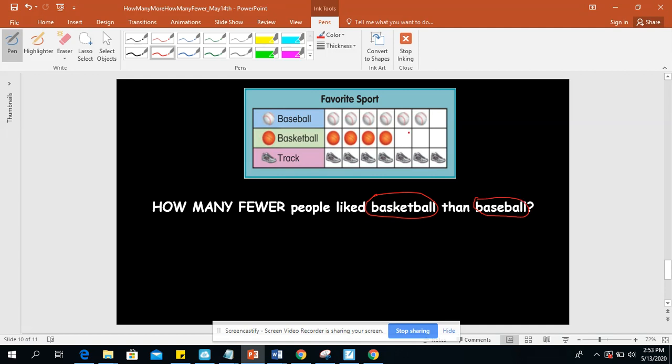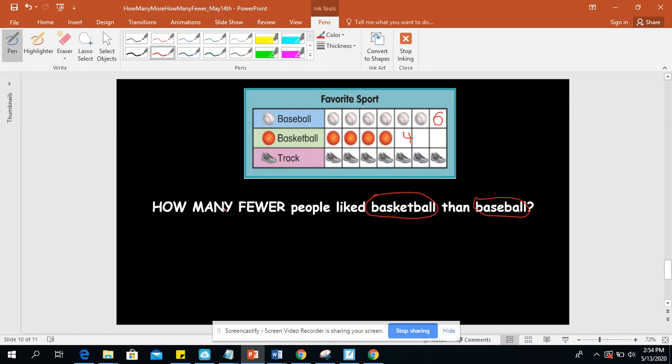For basketball, there were 4 people who liked basketball, and we know that by counting the pictures. And for baseball, there were 6. 6 people chose baseball.